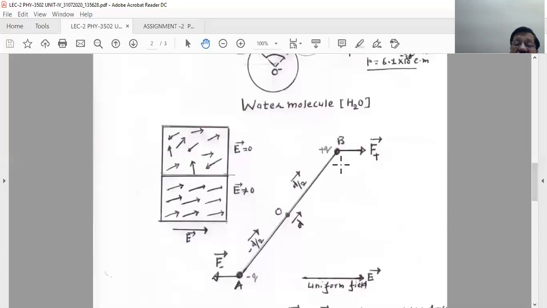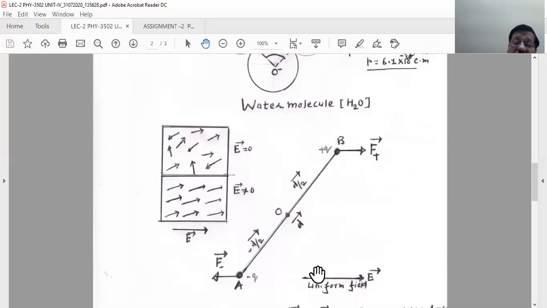I wrote a plus sign here and a minus sign here because when you go from O to A, you are going opposite to the direction of the displacement vector from A to B. We measure the displacement vector d in the direction from A to B, and that is the notation we have used for vector d.